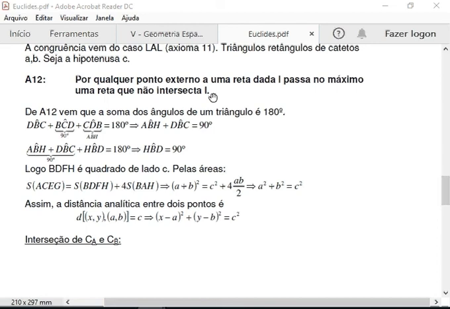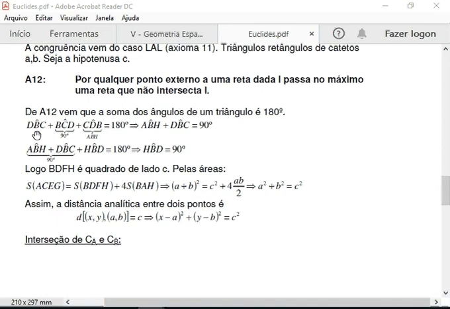There is one only single line. From this axiom, we can state that the sum of the angles of a triangle, any triangle, is 180 degrees.